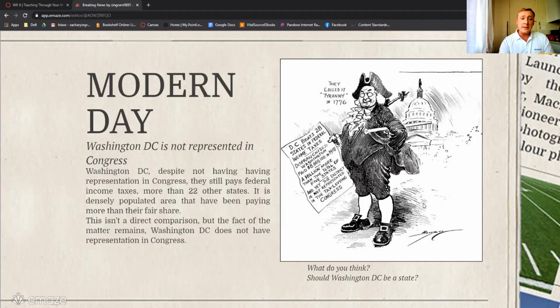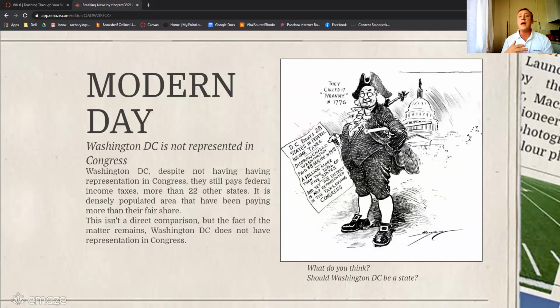So for perspective, if the country for some reason needs to raise or change federal income tax, they go to Congress and it needs to be initiated in the House of Representatives because it's a tax and the tax has to come directly from the people. But say that happens, there's no representation for Washington, D.C., the District of Columbia.